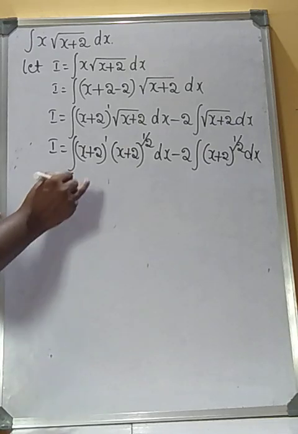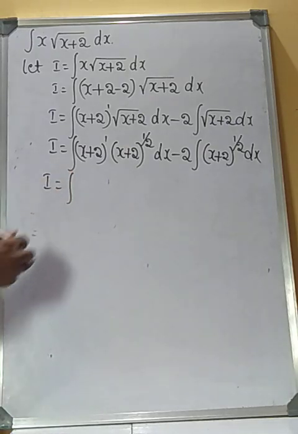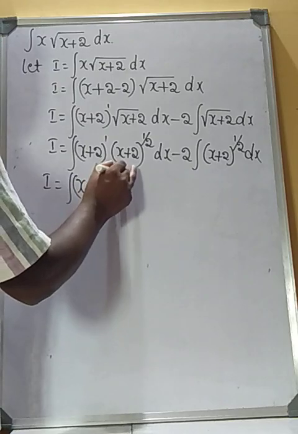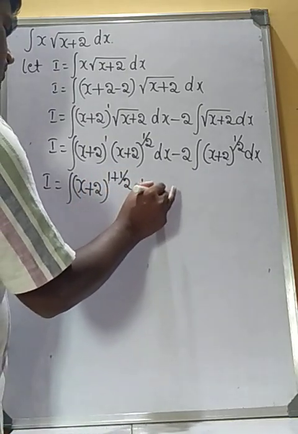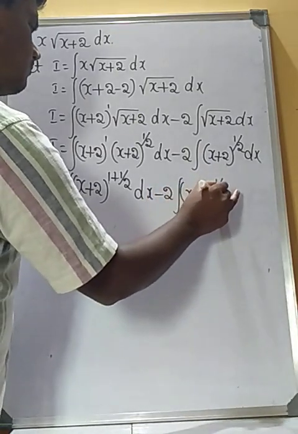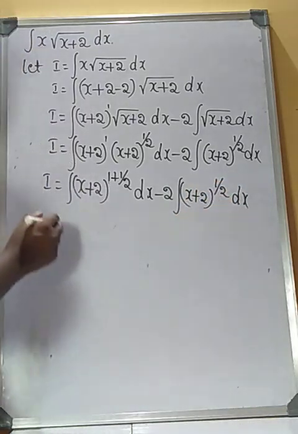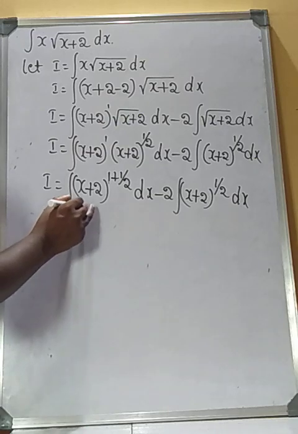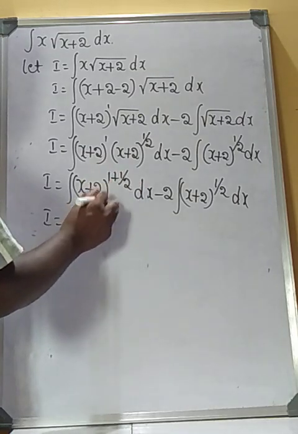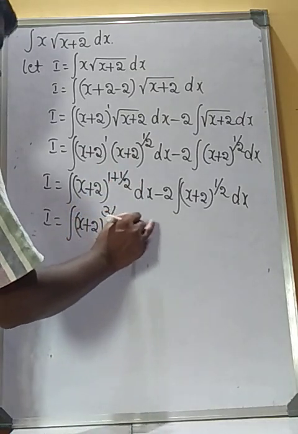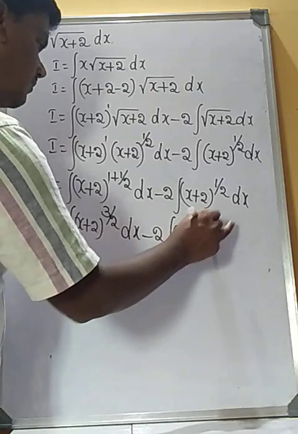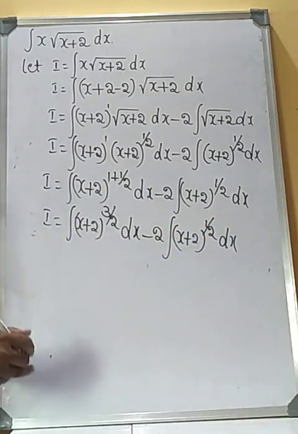Therefore, I is equal to the integral of x plus 2 whole power 1 plus 1 by 2, that is 3 by 2, into dx, minus 2 into the integral of x plus 2 whole power 1 by 2 into dx.